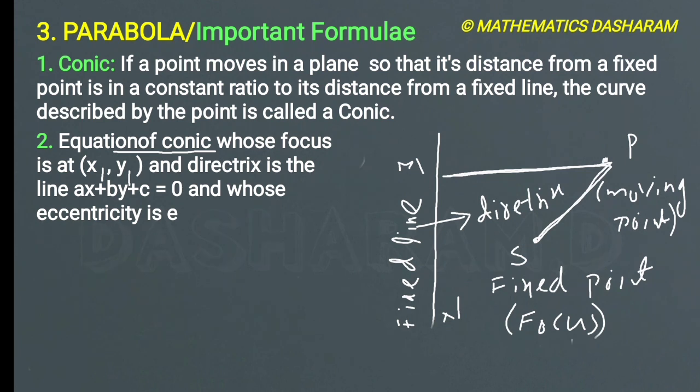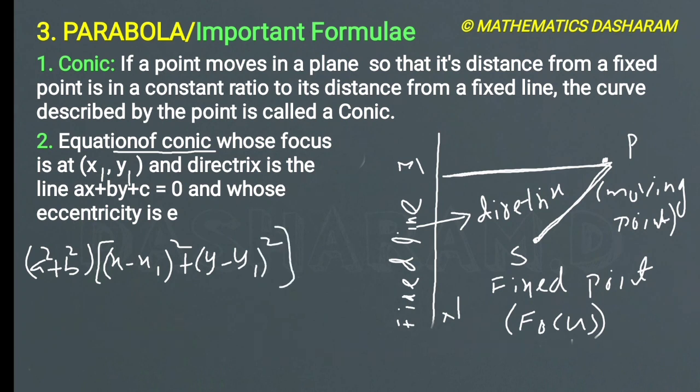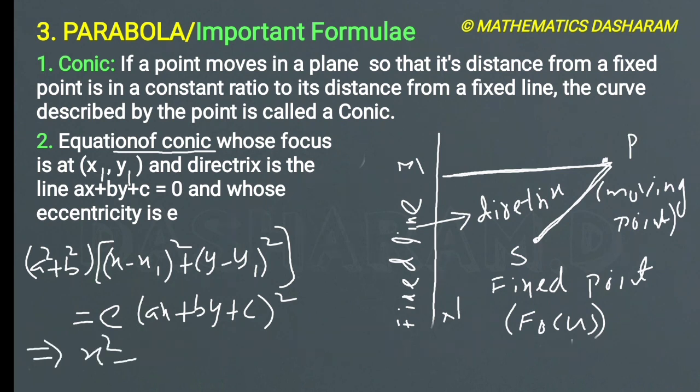Then the equation of the conic is (a square plus b square) times [(x minus x1) whole square plus (y minus y1) whole square] equals e square into (ax plus by plus c) whole square.